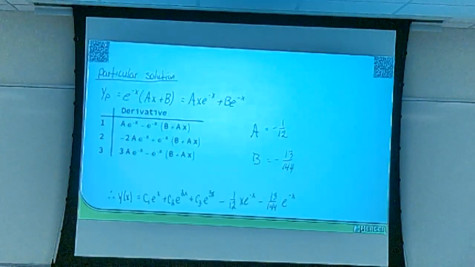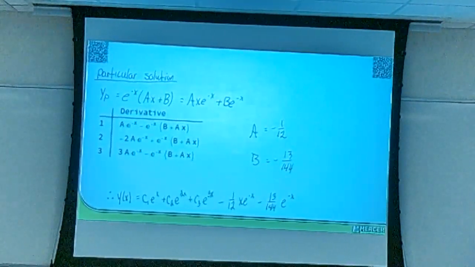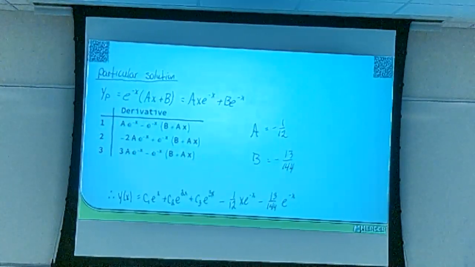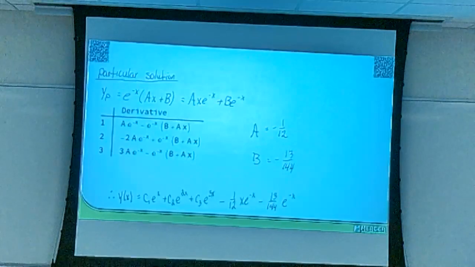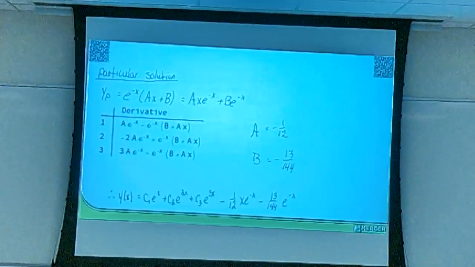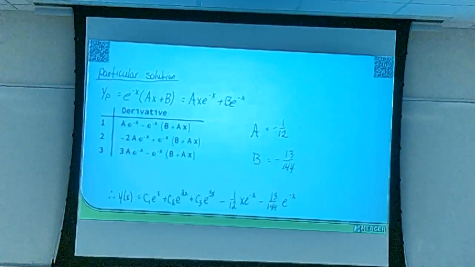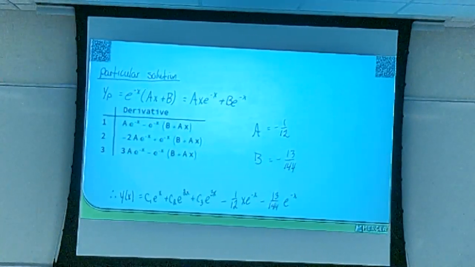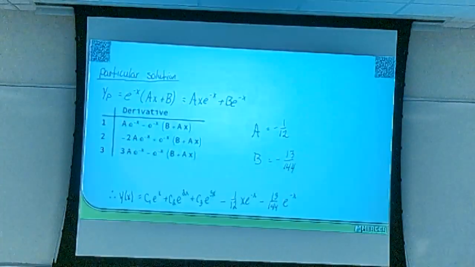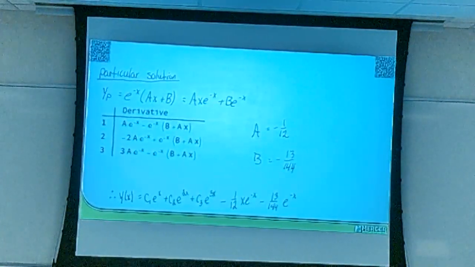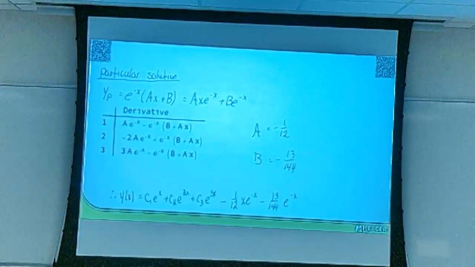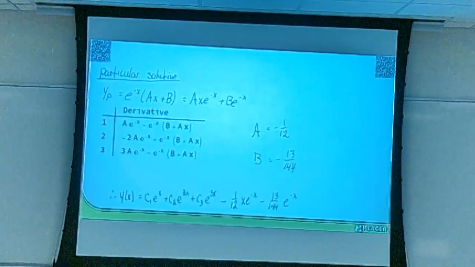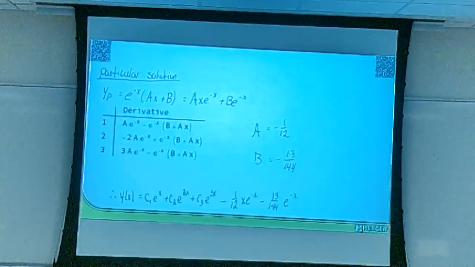And that would be a general solution. Any questions there? A lot of algebra involved.